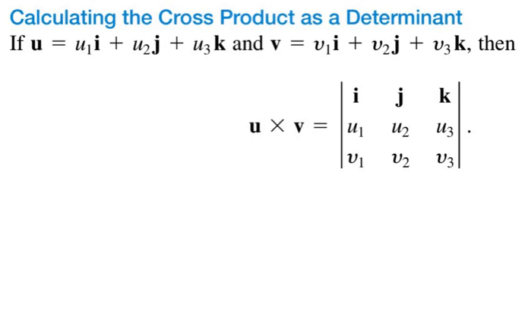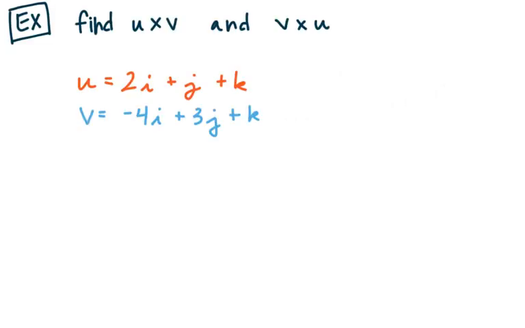Let's do an example where we find a cross product. In this example, we are given U and V, and we're asked to calculate both U cross V and V cross U. For U cross V, I should give myself space to write that. U cross V is going to be the determinant of this matrix.